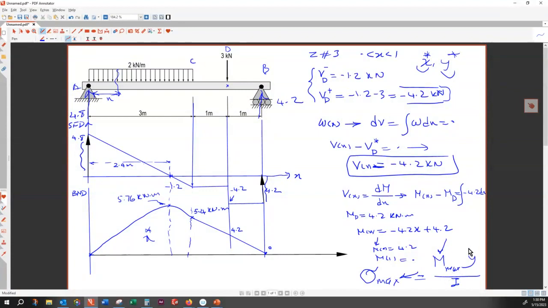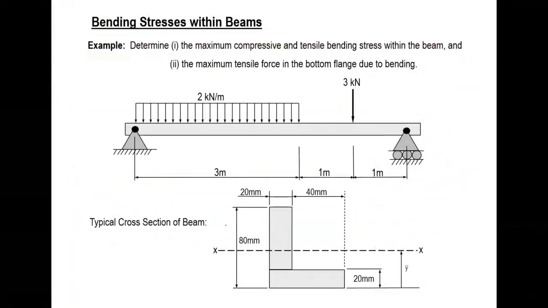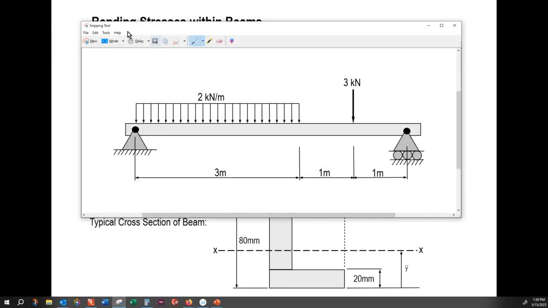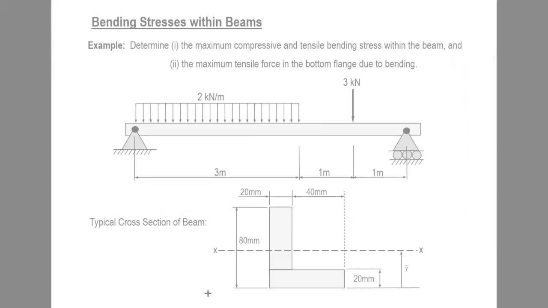I need to find y at which the stress is maximum. Also, I need to find out the second moment of inertia for that section. Let's go back to this problem. This beam has a cross section like so. So the second part of this problem is we have to find out the cross section.